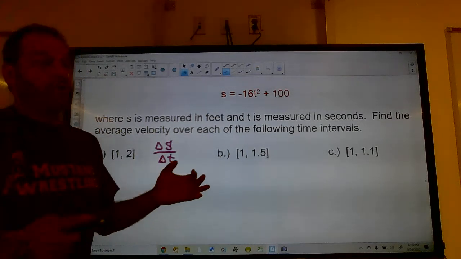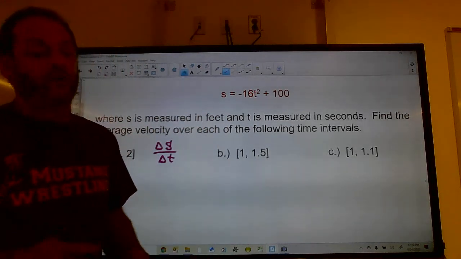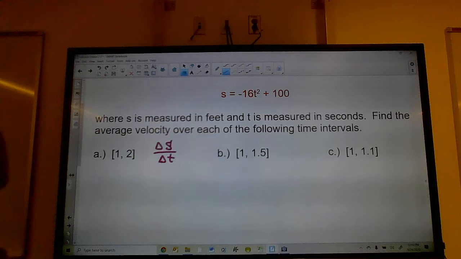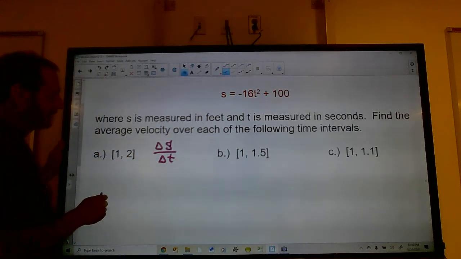Now, what's going to happen in reality is this thing is going to speed up the longer that it drops until it reaches something called terminal velocity. But this is going to give us an average.